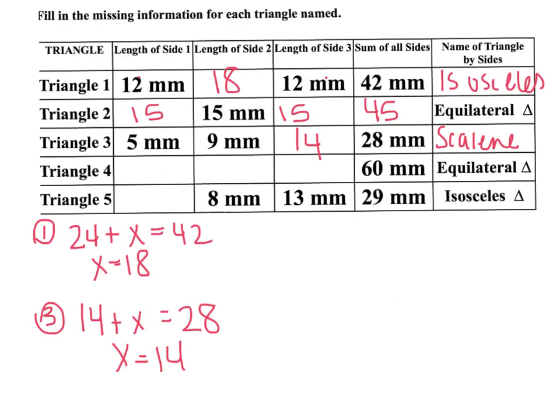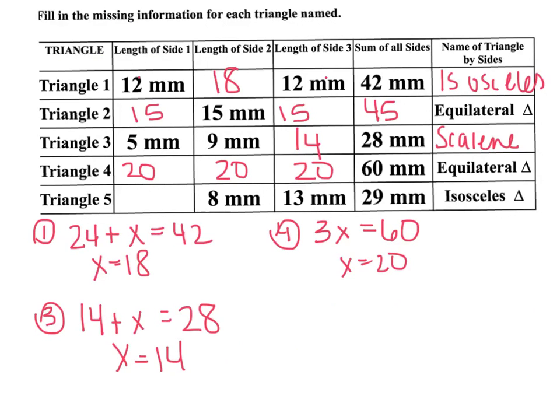Now let's look at triangle 4. We don't have any of the 3 side lengths, but we know that all 3 of them together have to equal 60. So it's going to be 3x equals 60. And if you divide it by 3, x is going to be 20. So each side is 20.